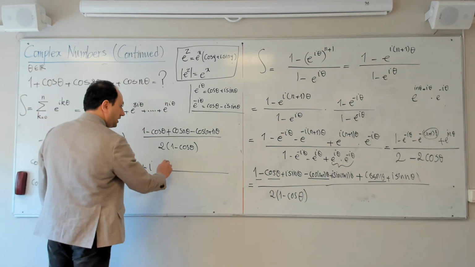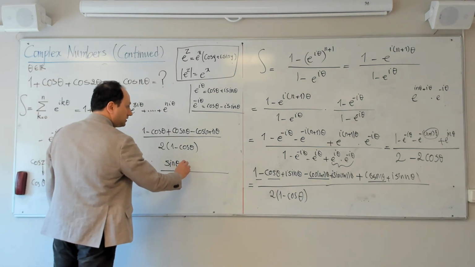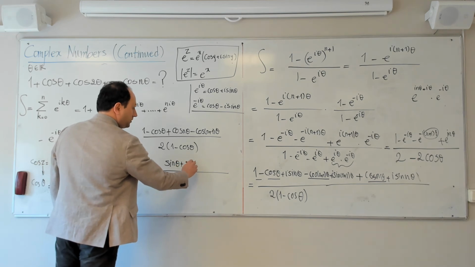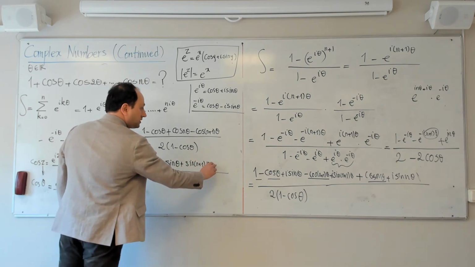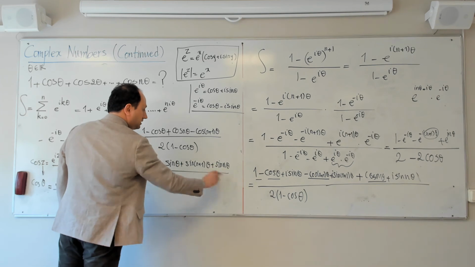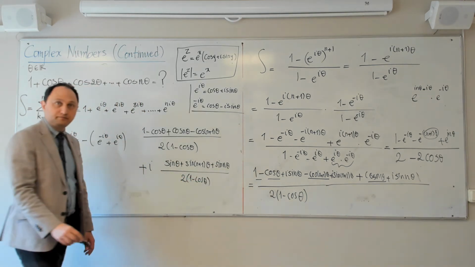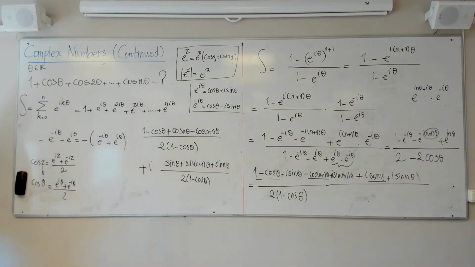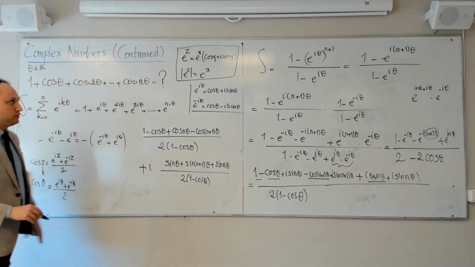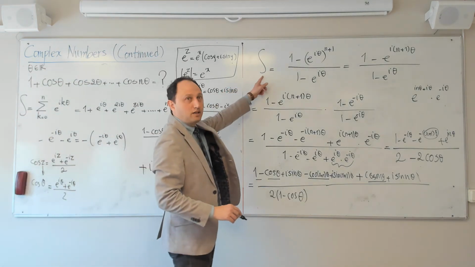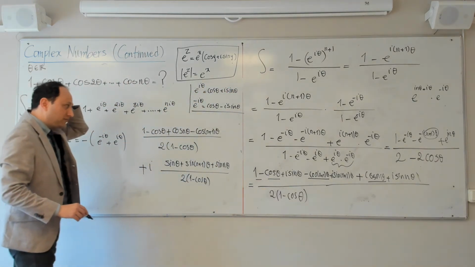So this becomes sine theta plus sine n plus 1 theta plus sine n theta, yes? Divided by the same expression. Yes, is that understandable? So you can consider it as an exercise, a hard exercise for writing this in a standard form. But what is the benefit of that?